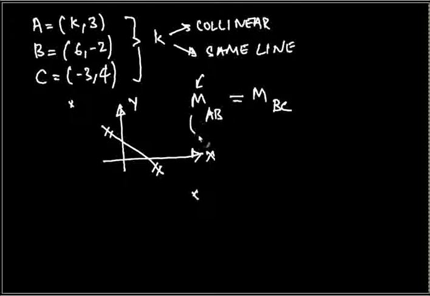Now, the expression for the slope of a line using points A and B is the y-coordinate of A minus the y-coordinate of B divided by the x-coordinate of A minus the x-coordinate of B. This is from definition.